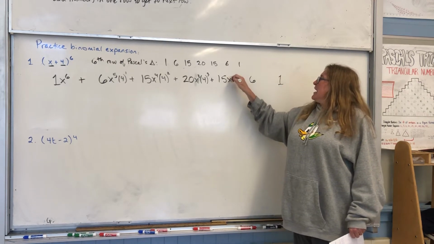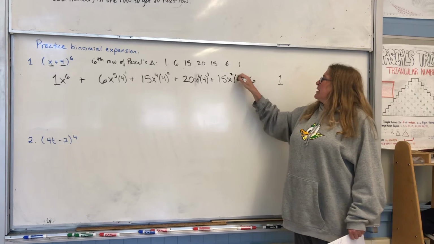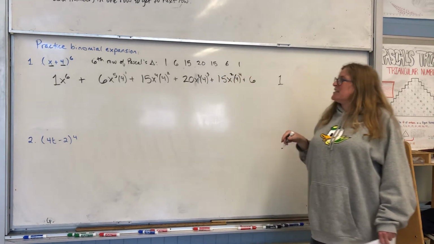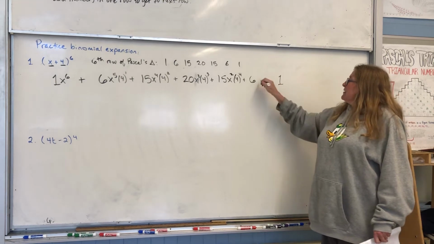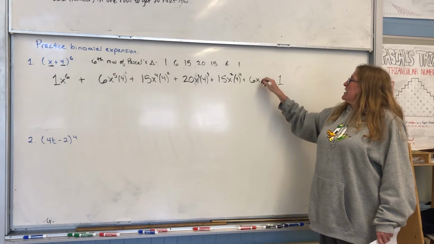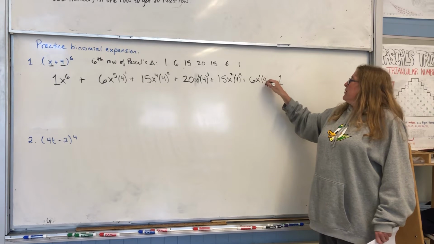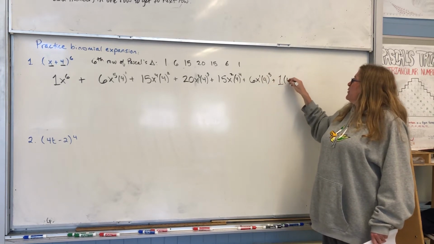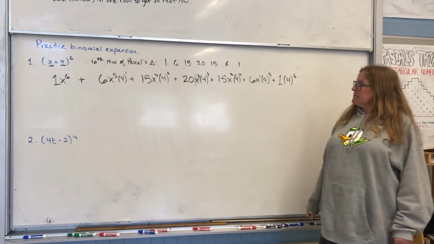Now x is going to have 2, and the 4 is going to have 4. Notice the exponents add to 6 each time. Okay, now x is going to have 1, and the 4 is going to have 5, and then our last one is where the 4 has all 6.